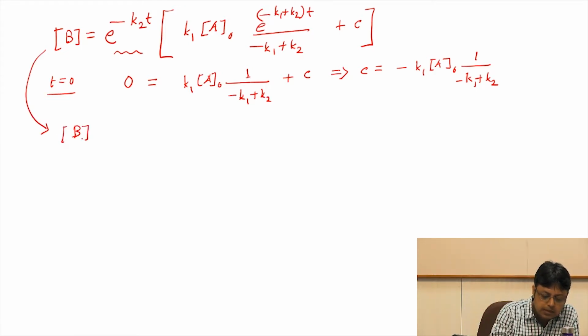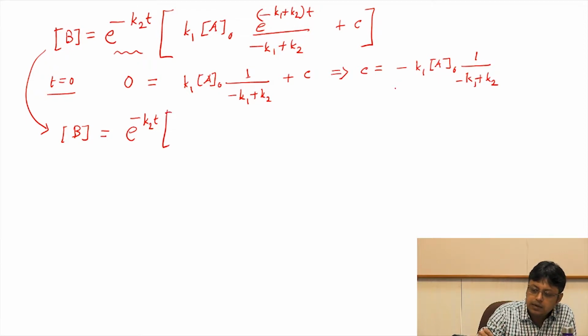So we can easily rearrange now what is b. So b means concentration of b at any arbitrary time. It will be e to the power minus k2 into t into, now I can take this entire factor as common, we can just take it out.